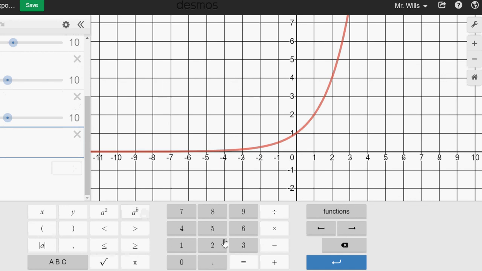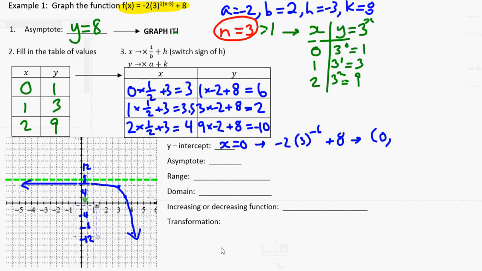To the -6 plus 8. So here my y-intercept is 7.997. Let's go back here. So my y-intercept is 0, 7.997.